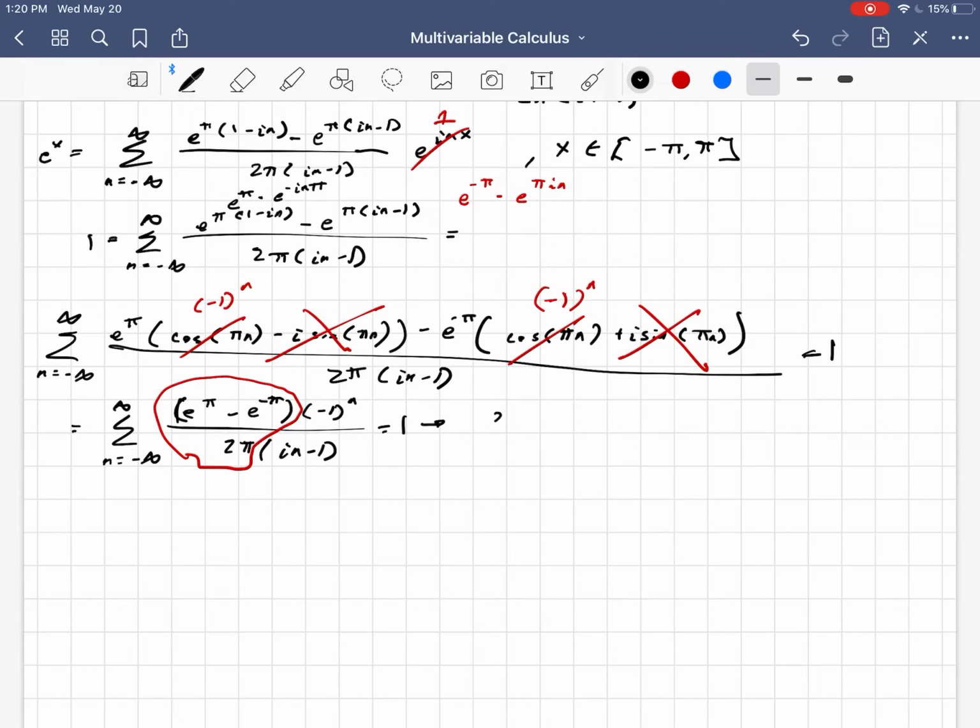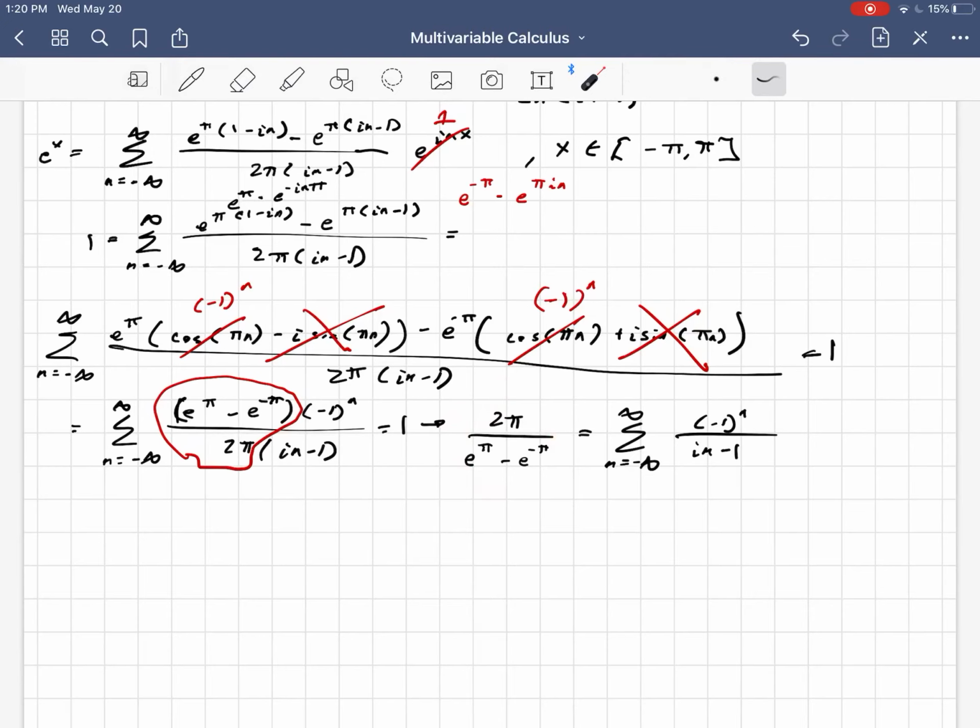And what I'll get is that 2 pi over e to the pi minus e to the minus pi is equal to sigma n equals negative infinity to infinity of negative 1 to the n over in minus 1.